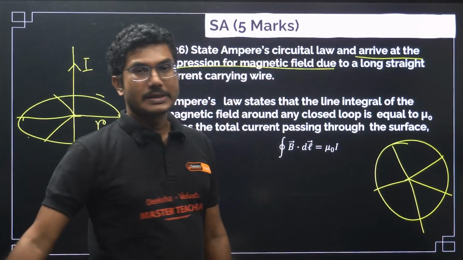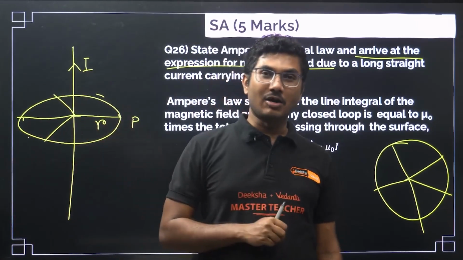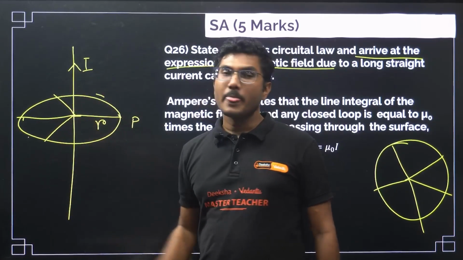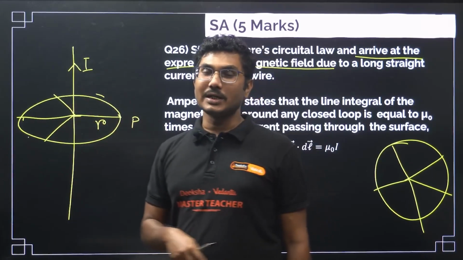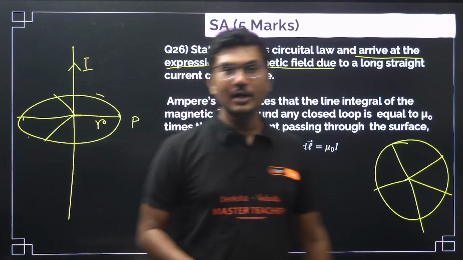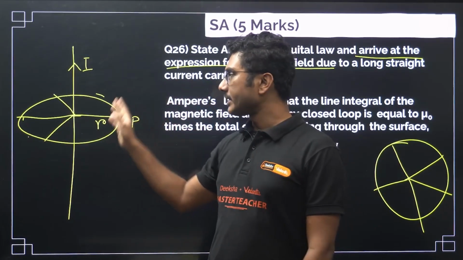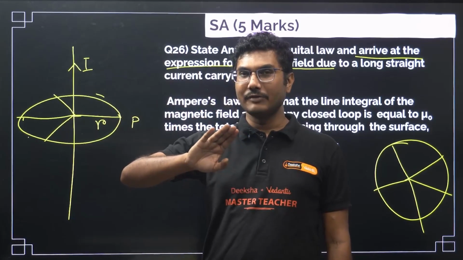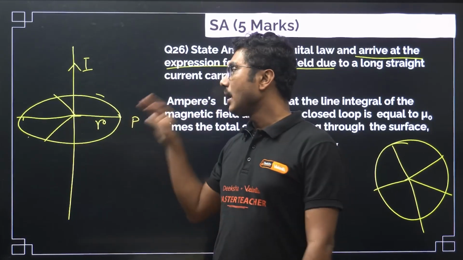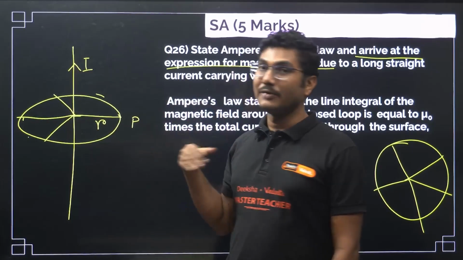So, basically that means the magnetic field is symmetrical along the loop. If the magnetic field is symmetrical, that means it should have a constant value. So, the magnitude of the magnetic field should be constant. Direction wise it will change because it is a vector quantity, but magnitude wise the magnetic field will remain constant.